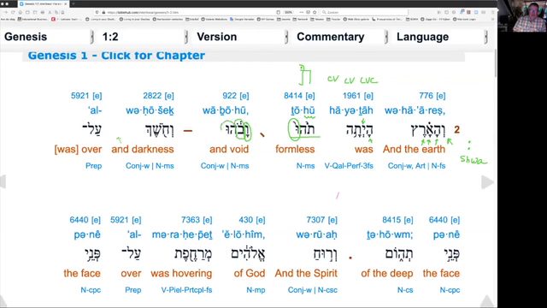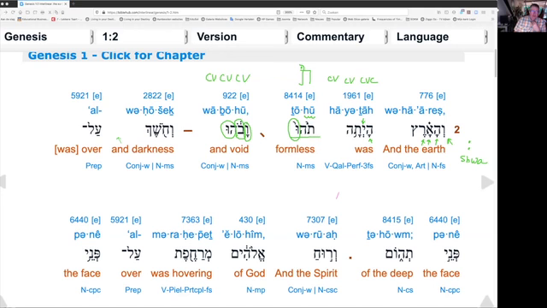And we have the hey with the cholam vav. The cholam, not the shurek. Sorry. So these three are all open syllables. They all end with the vowel. Va, bo, hu.